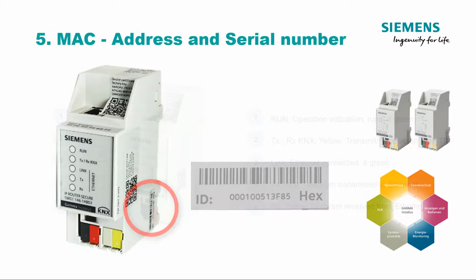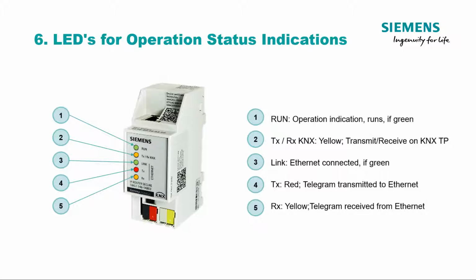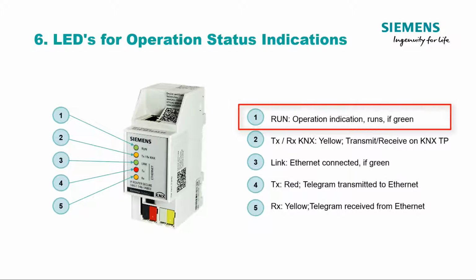There are LEDs for operation status indications. 5 LEDs indicate the operating status of the products. Run operating indicator is green when the products are ready for operation.